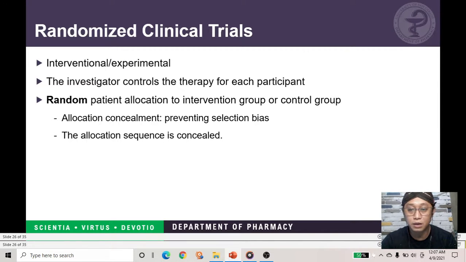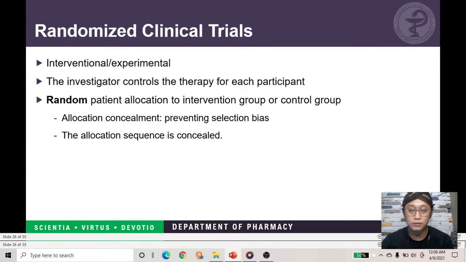Researchers that use this study design usually use an allocation concealment. So what is concealed is the sequence of the participants. For example, we have 10 participants, number 1 to 10, and usually we have a sequence.